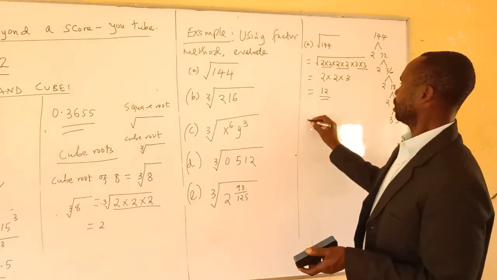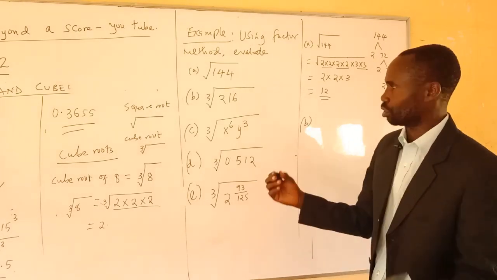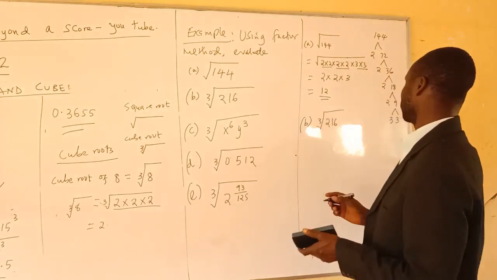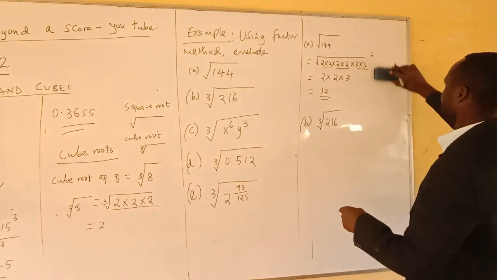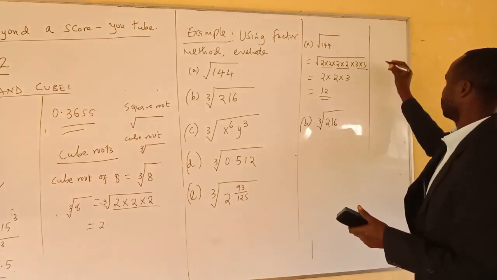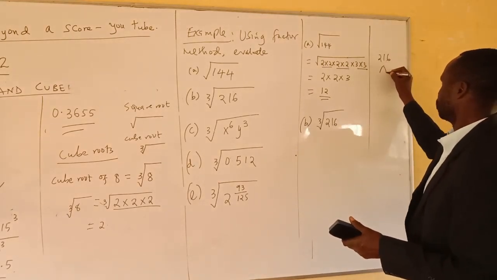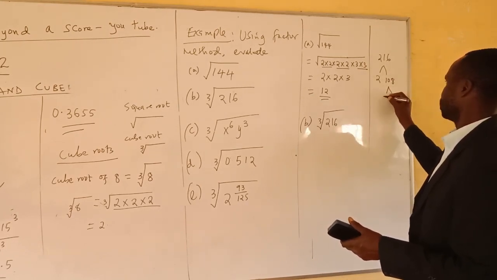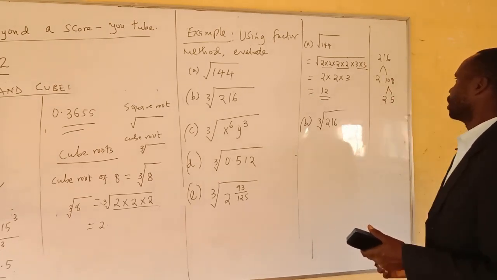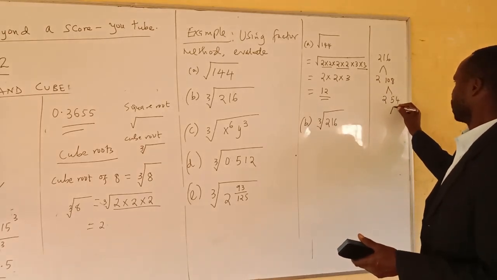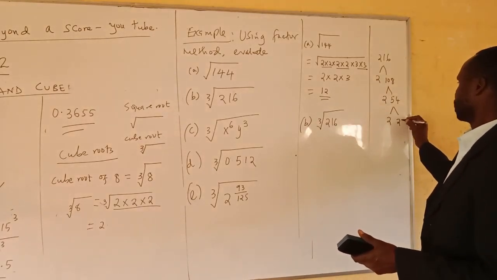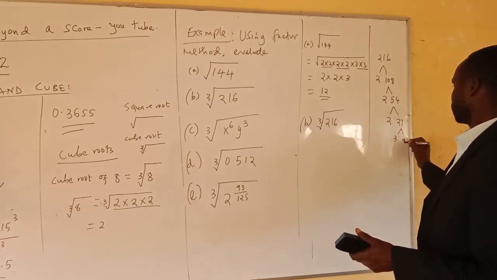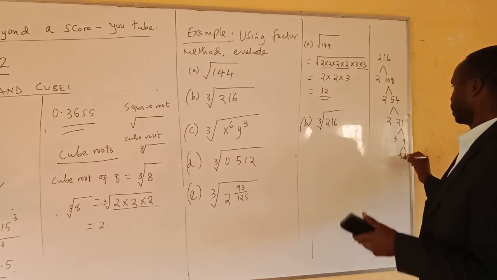So part B is the cube root, our main topic. The cube root of 216, we can factorize that. 216, 2 goes there, 108, 2 goes into 108, 54, 2 into 54, 27, 3 into 27 is 9, and then 3, 3, like that.